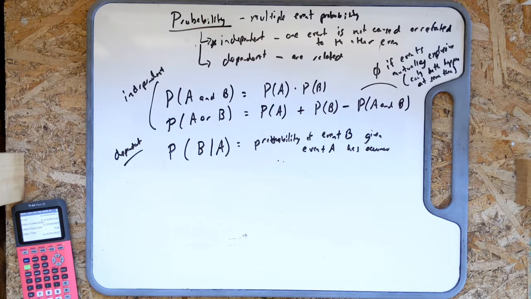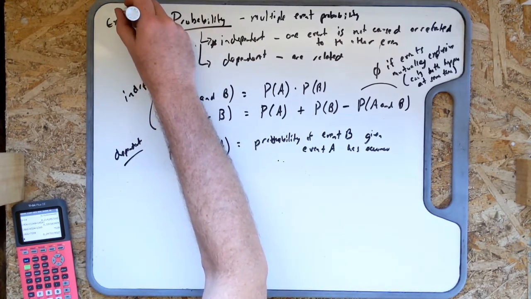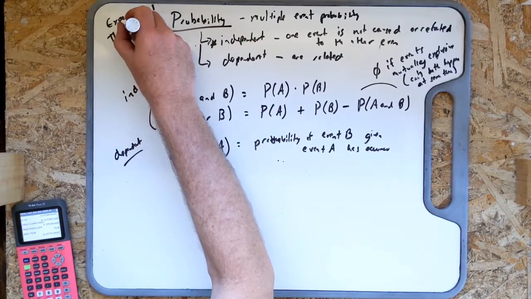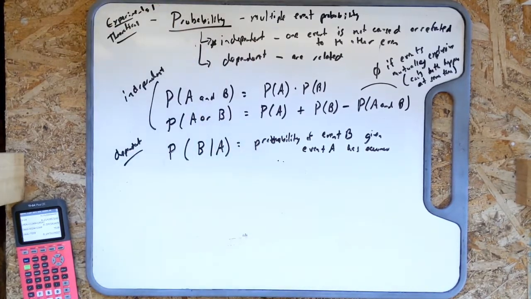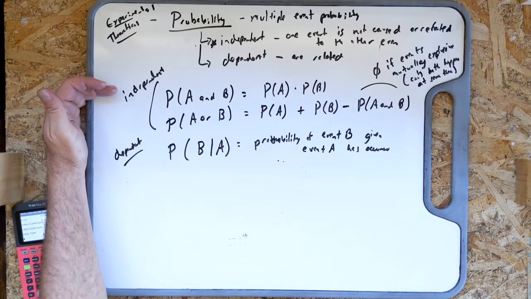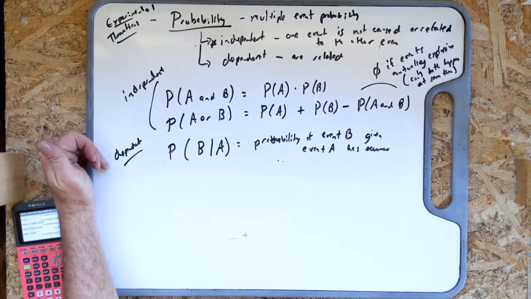One was experimental, which is how it's mostly done. And the other one was theoretical, which is calculated mathematically. The theoretical calculation, we had 3 different calculations we did: 2 for events that are independent, events that are not related to each other, and 1 for when they are related to each other.